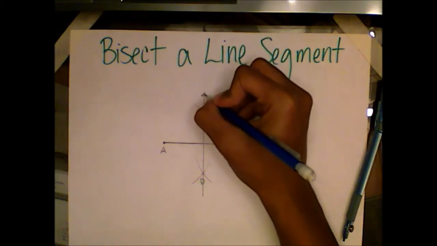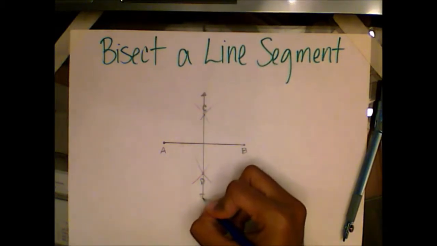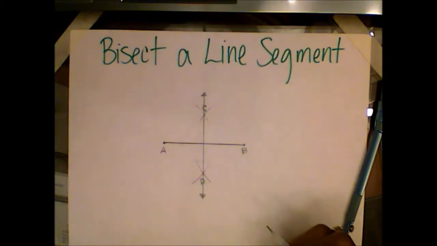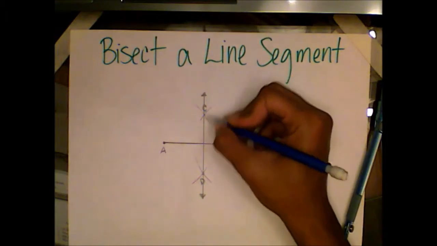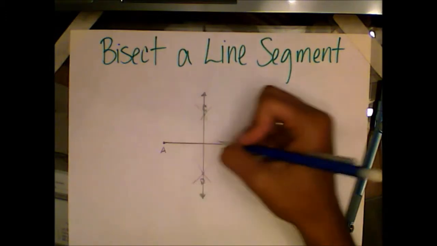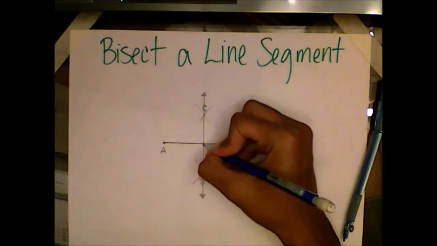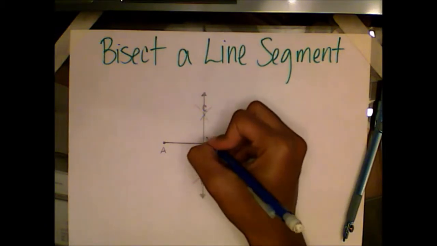And to make it a line, I have to draw the arrows on the ends of that line. Now, where line CD crosses line segment AB, we're going to label that point E.